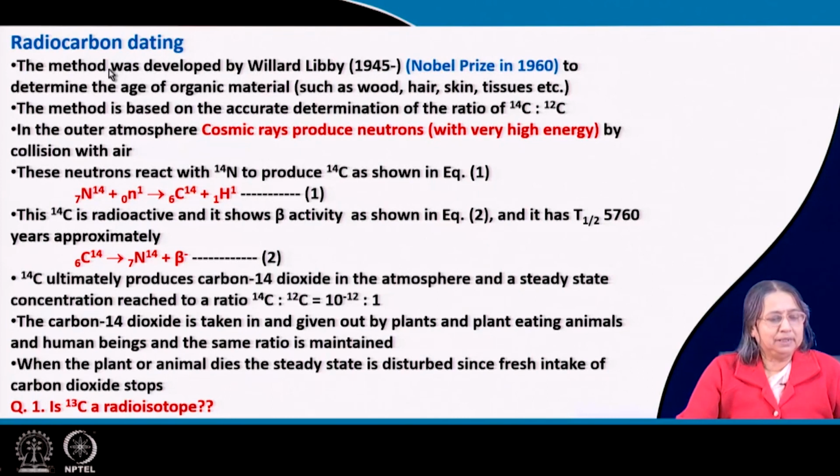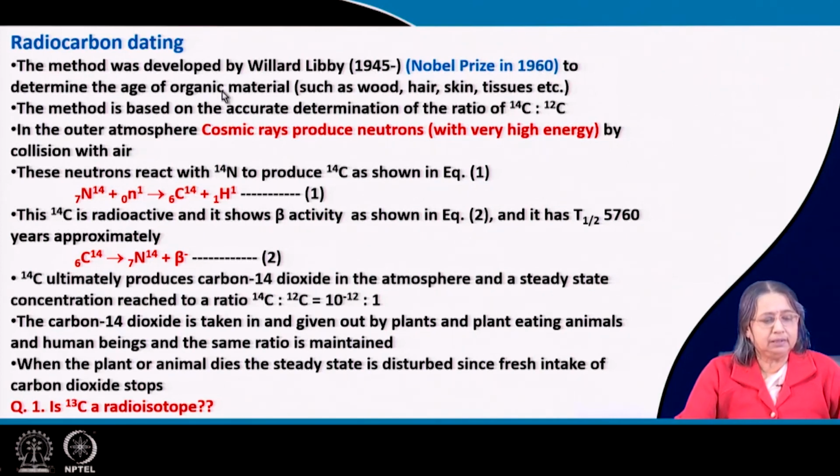Okay. Now, the method was developed by Libby from 1945 onwards. They took a long time to establish these things. That is why this dash is written, and the Nobel Prize was given in 1960 to Libby.